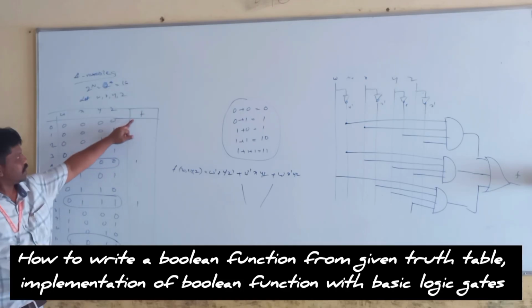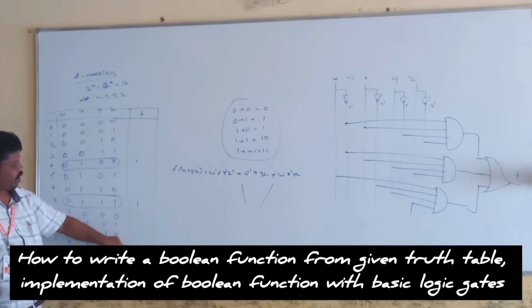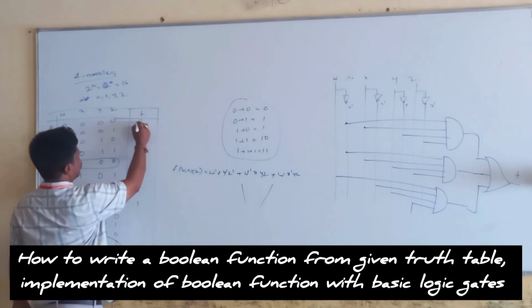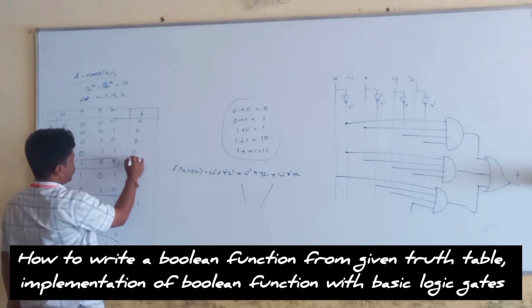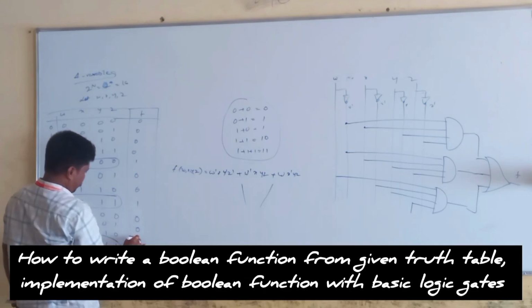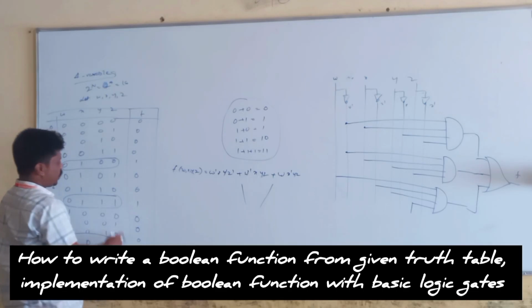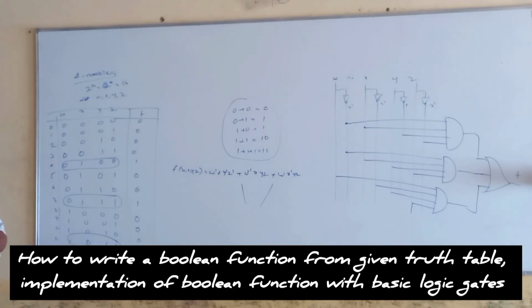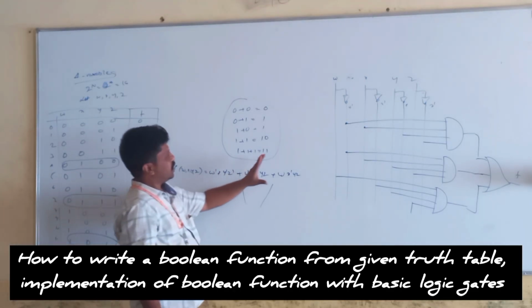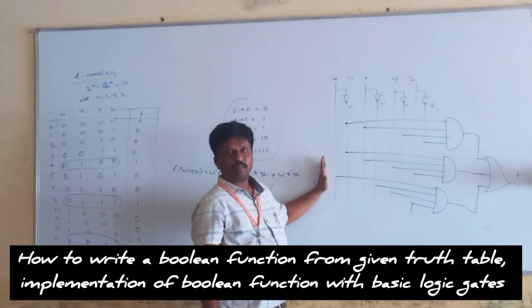Wherever my function f is 1, that is marked, and the remaining are considered 0. If I do not write anything, it is considered as 0, low position. This is the writing of the boolean function from the truth table, and we have seen how to design the boolean function.